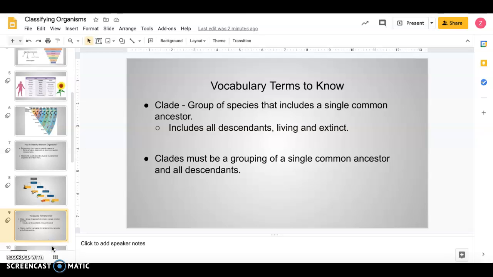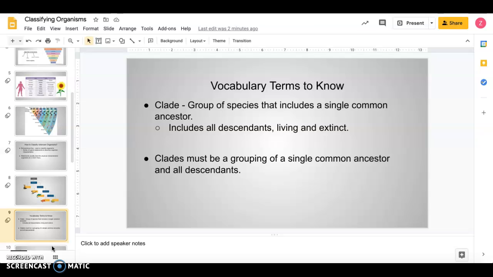Important vocabulary terms to know as we proceed are clade, a group of species that includes a single common ancestor. A common ancestor meaning that these species have resulted from offspring of this ancestor going back many, many years.